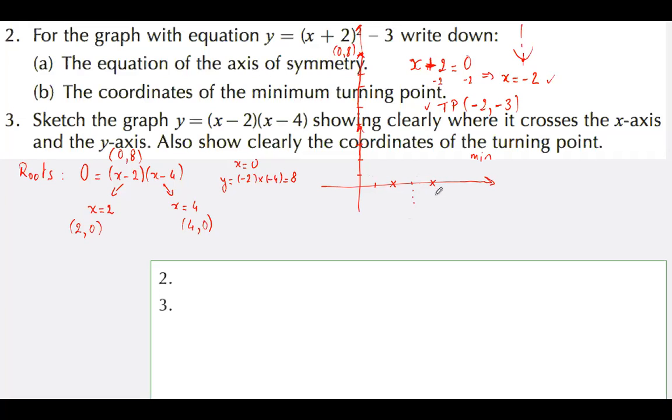So this is 4, this is 2, then that means x has got to be equal to 3. So the turning point, x equals 3. So replace x with 3, y equals (3 minus 2) times (3 minus 4). 3 take away 2 is 1, times -1, which is just -1.